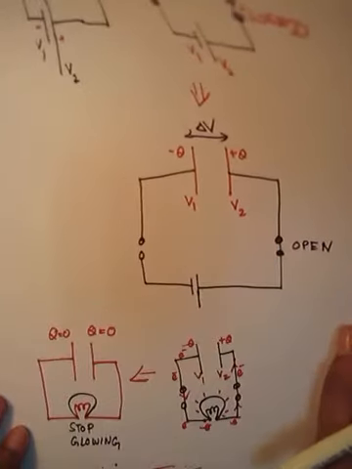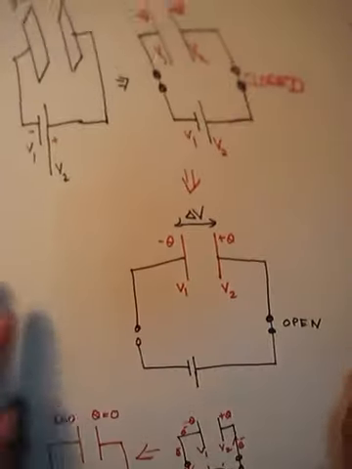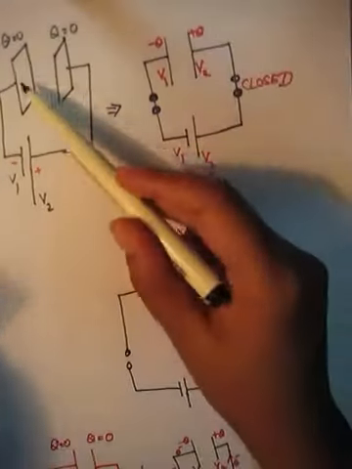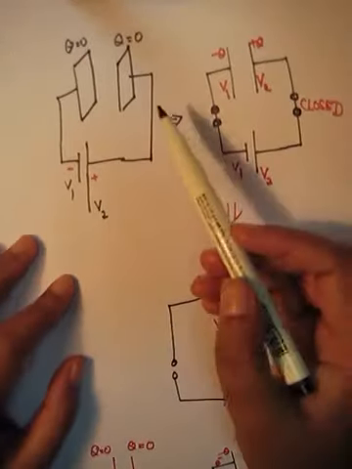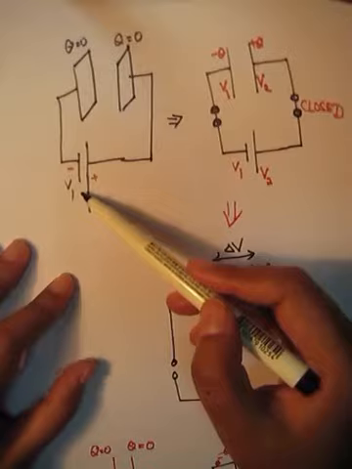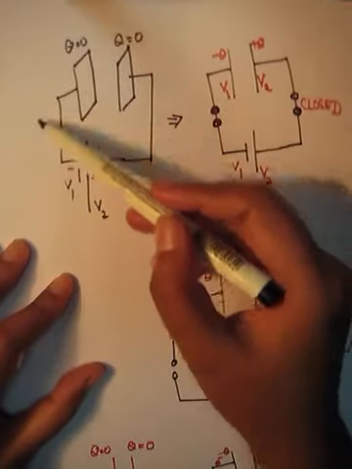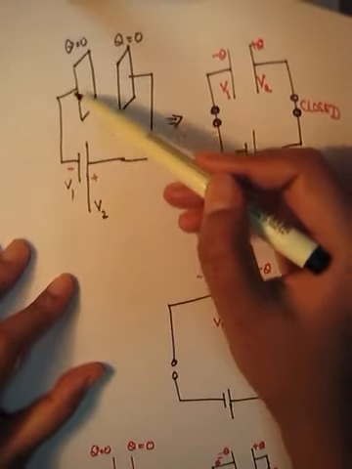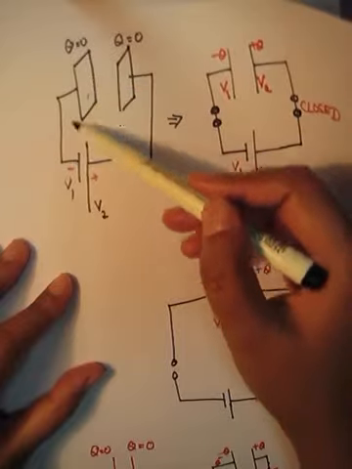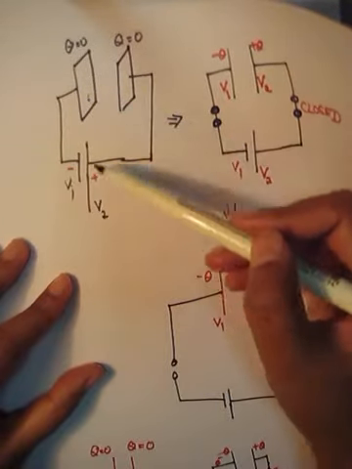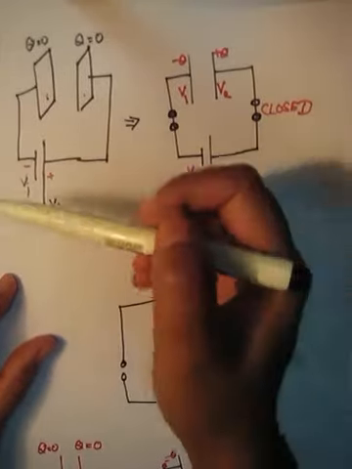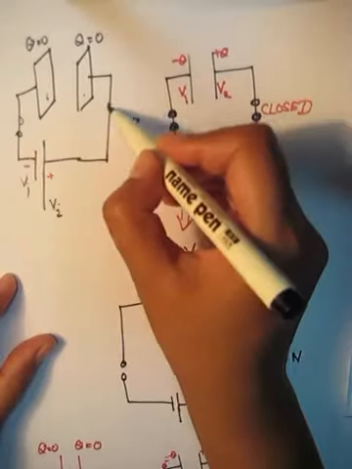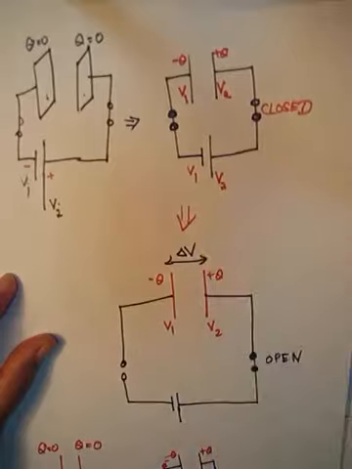So what does this mean? Let us revise it. First you have these parallel plates and they have a charge of 0 and you attach it to some battery. Due to this potential difference, because it is a conductor, it wants to have the same potential everywhere. So if it is V1, it will be V1, it is V2, it is V2. You can attach two switches here so that you can close it and open it.